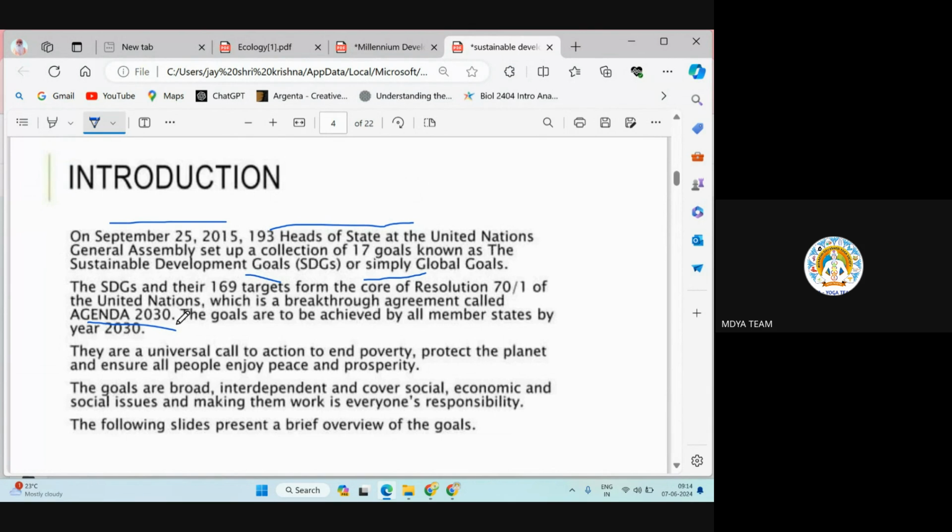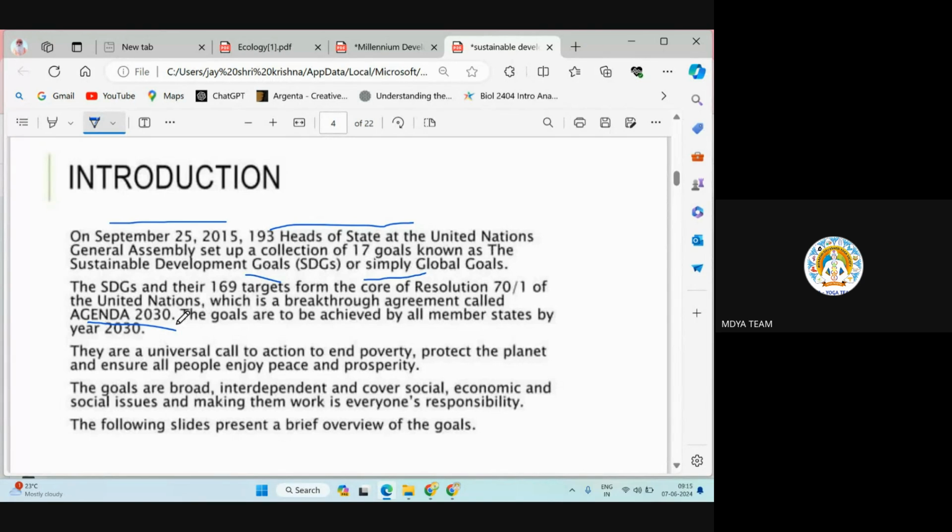On the internet, you can check how India is performing in Sustainable Development Goals and how India performed in the Millennium Development Goals that were to be achieved by 2015. You can check all this. It's not that important, but if you have curiosity, you can check.